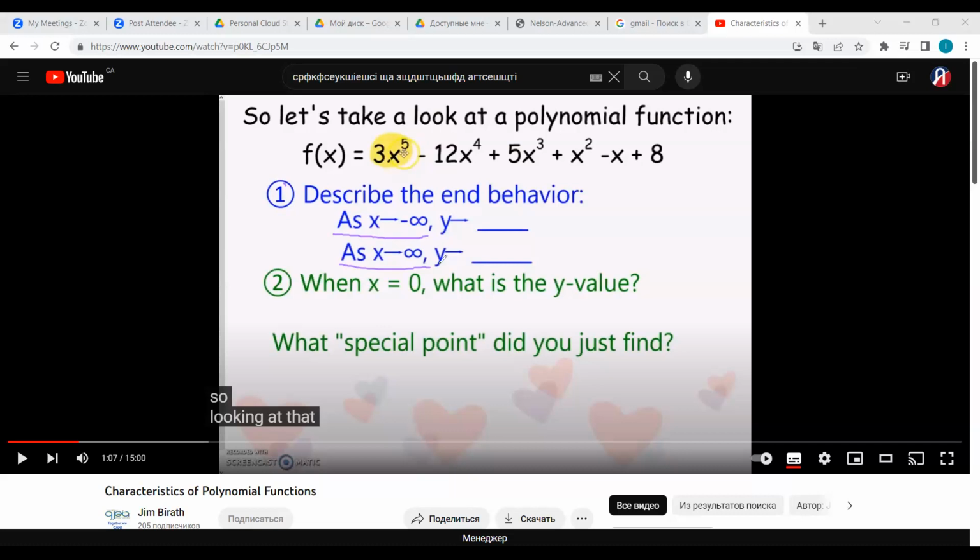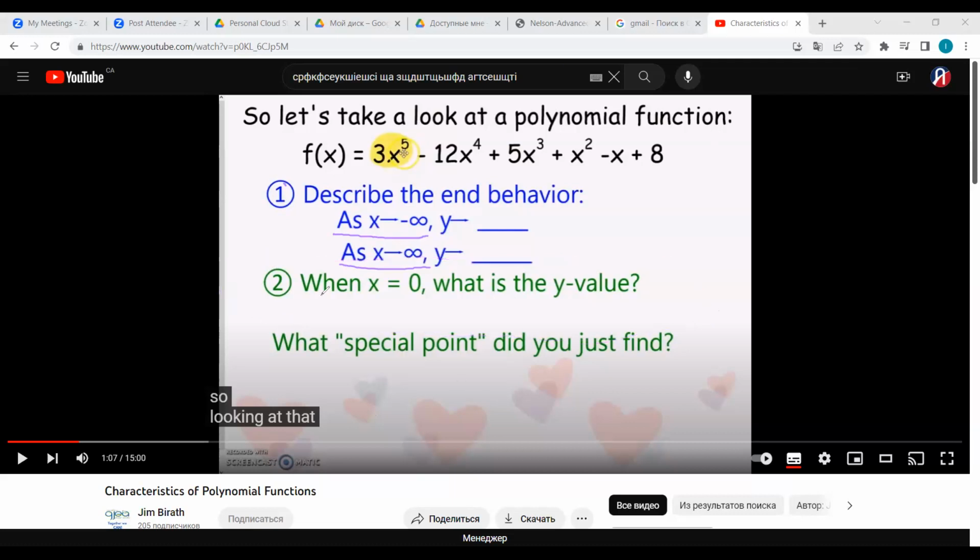On the other hand, if the leading coefficient in our polynomial function has a minus in front of it, it would mean that the polynomial function, or a parabola, would open downwards, which means that the end behavior for both ends of the parabola would be negative infinity for the y value. And talking about when x equals 0, what is this value of y?